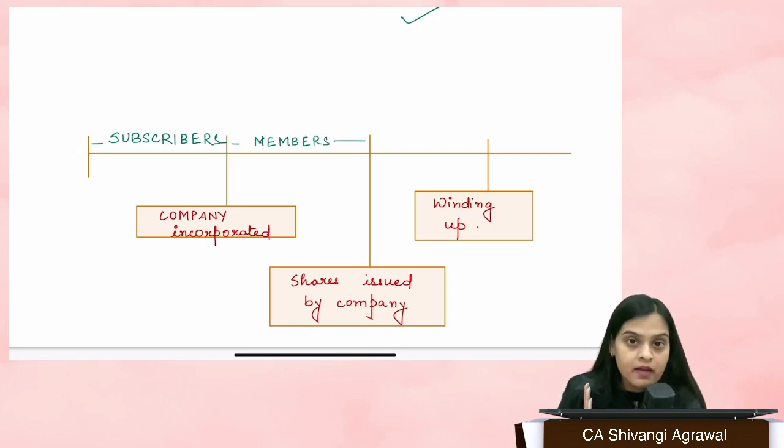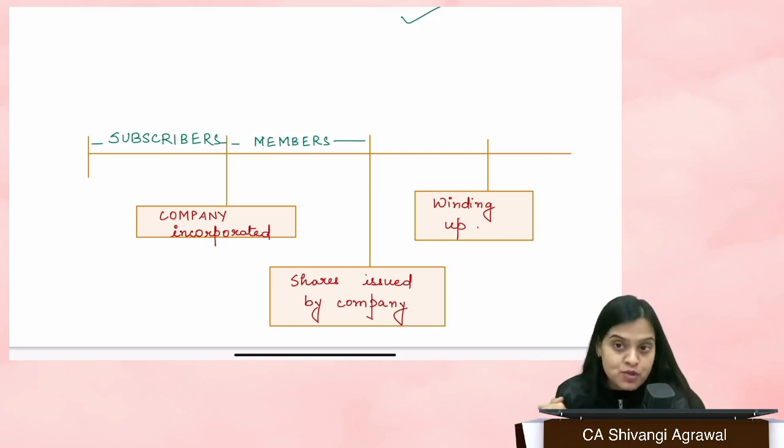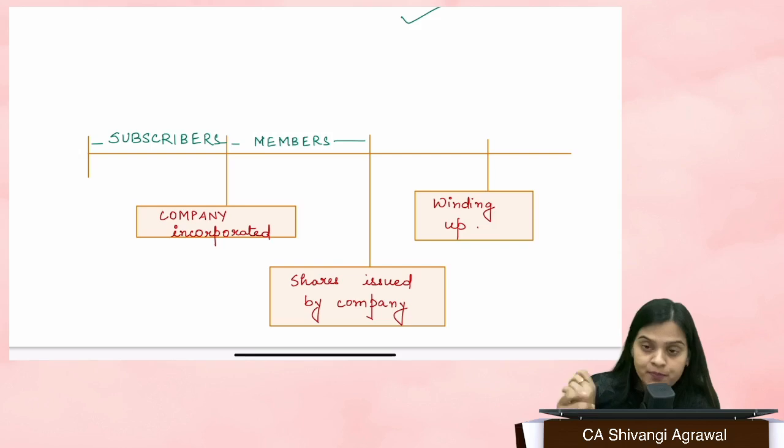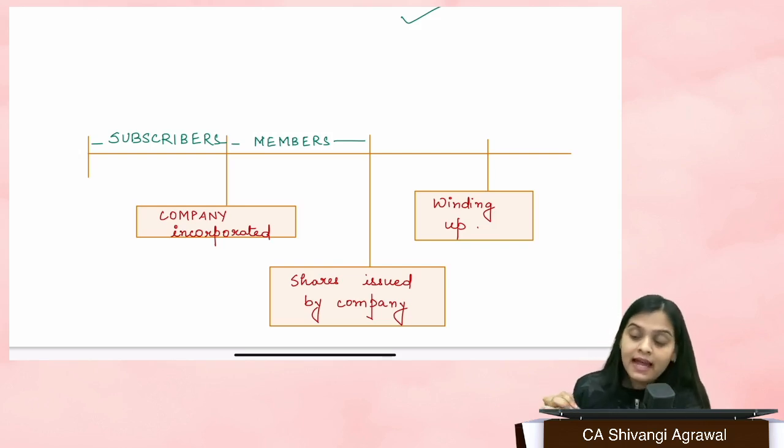Members. Now you have become the member. You agreed that okay, I will subscribe to the document, I will incorporate this company, and I will contribute 50,000 to the company, and I will take, let's say, 5,000 shares at the rate of 10 each.